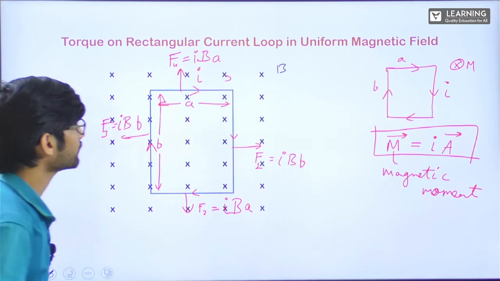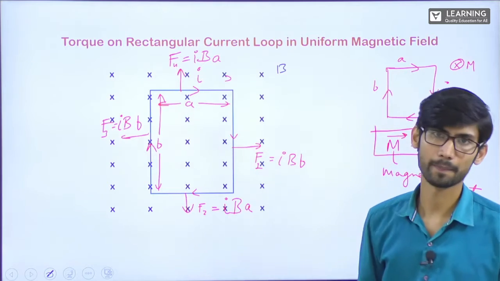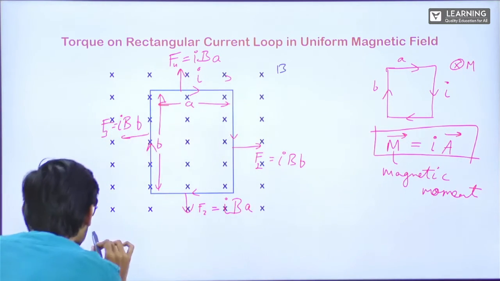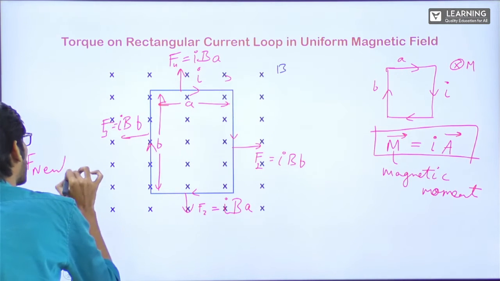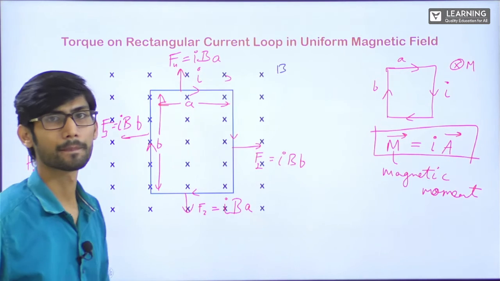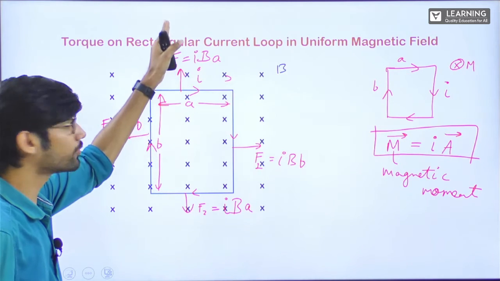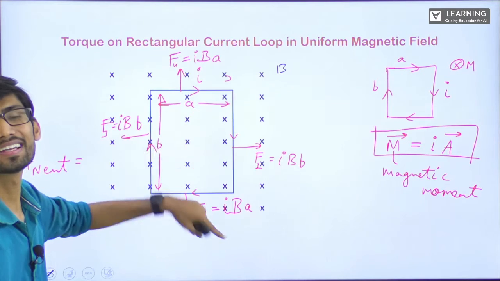Correct? Now, we got the force individually on each straight wire. Now, on this entire loop, if you see F net, what is F net? I'll write F net here. What is F net? This force is upwards, I B a. This force is downwards, I B a. They will cancel each other.